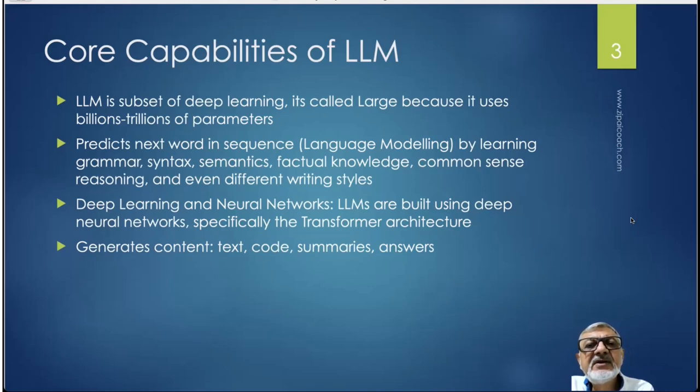So that model has a learning capability to be able to produce that masked word. LLMs are using deep neural networks, specifically the transformer architecture, to do the functions which they are designed to do. That is to generate text, code, summaries and answers.